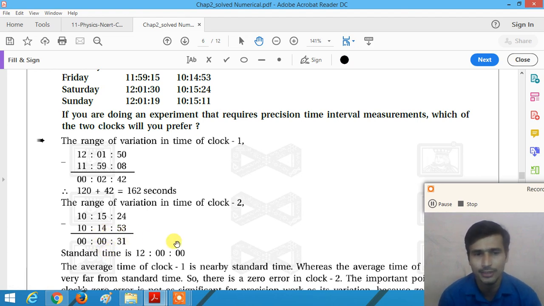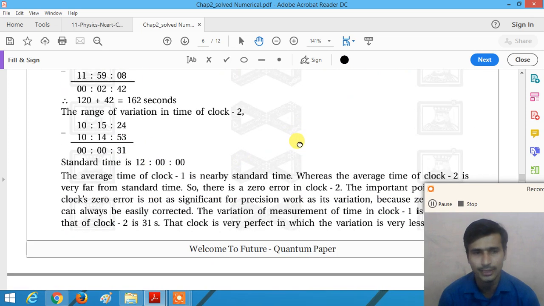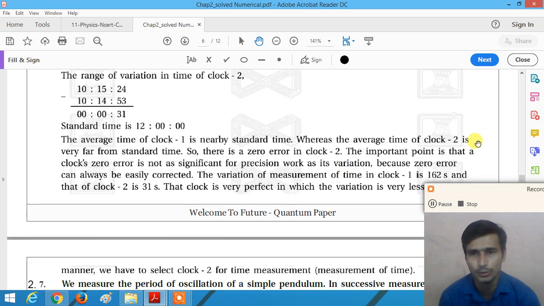The standard time is 12 o'clock. In the first clock, the variation is about 162 seconds, and in the second clock the variation is 31 seconds. But the average time of clock 1 is near the standard time, so clock 1 gives the accurate reading, whereas the average time of clock 2 is very far from the standard time.